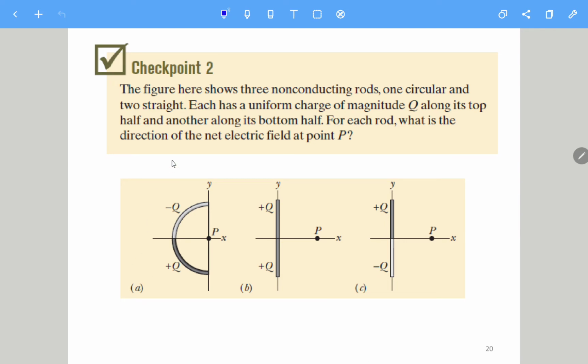This checkpoint is just to let you become familiar with how we can use the cancellation technique to simplify the calculation.